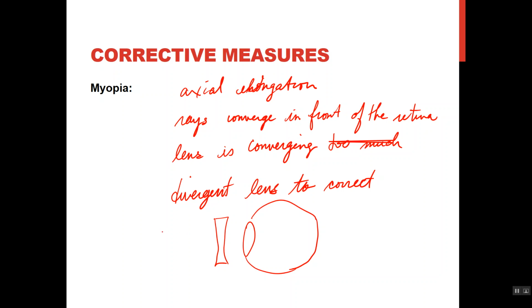And so you have rays that are diverging, so that your lens can converge it onto the back. Make sense?